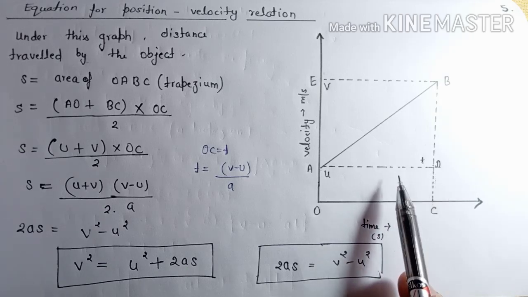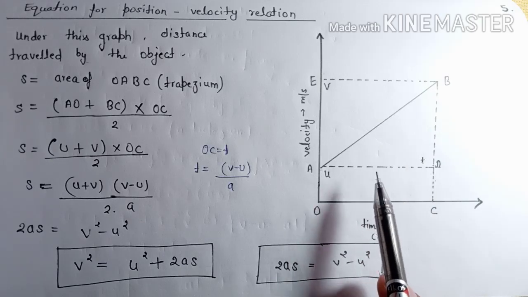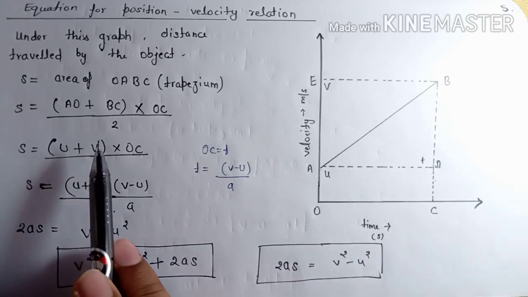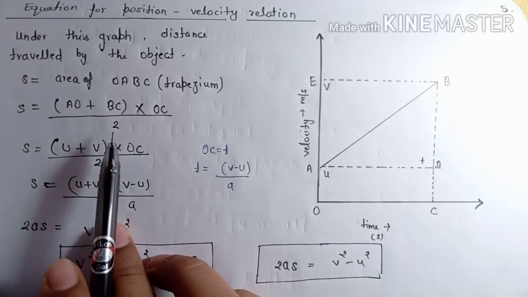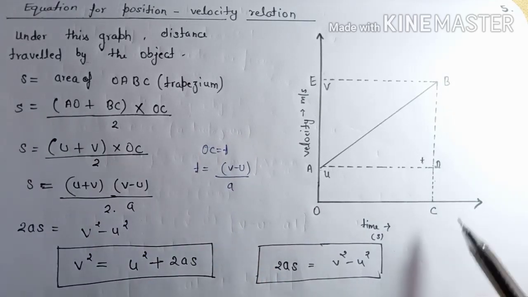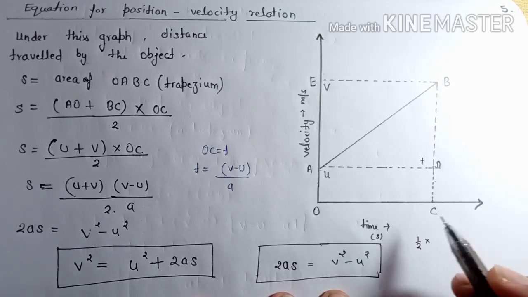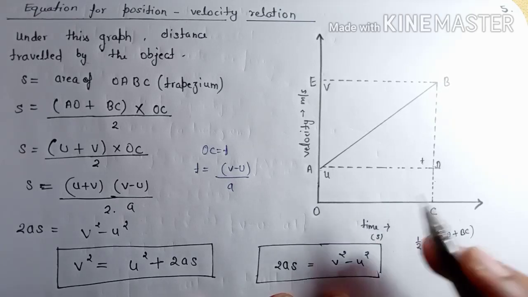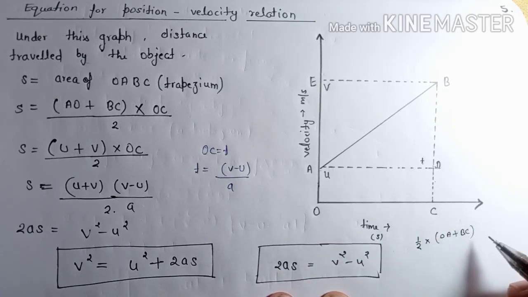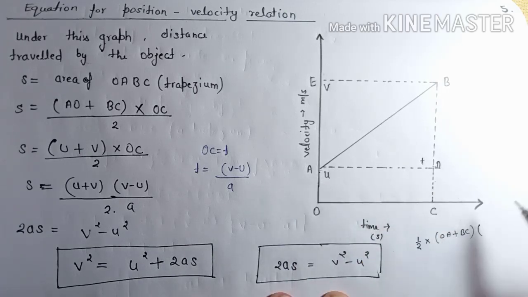Let's calculate that. The area, which is the distance traveled by the object, S, is equal to the area of the trapezium OABC, that is 1/2 into OA plus BC, because OA and BC are the parallel sides, and you have to multiply by AD because AD is the distance between the sides.